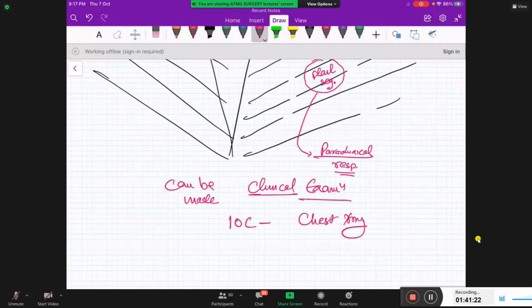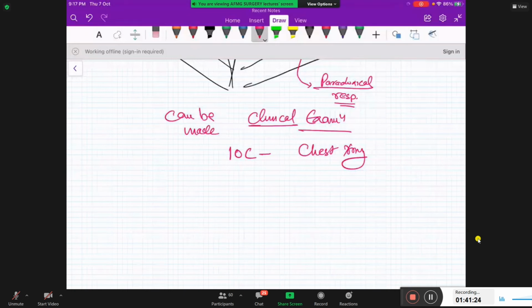In any patient with flail chest, whatever the condition of the patient may be, please appreciate one point here. Imagine this is a flail segment moving paradoxically. On inspiration this segment is going down, and since it is going down, it will injure the lung also. Agreed?